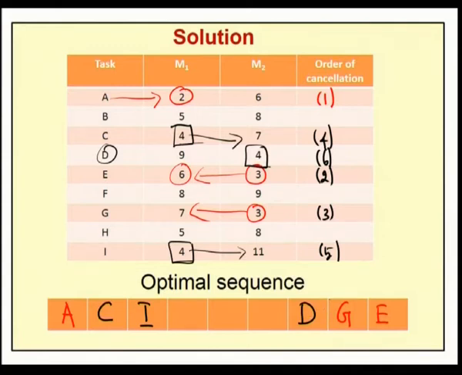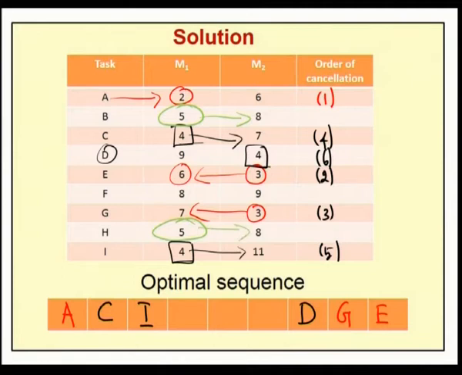So after selecting 4, the next smallest is 5, which occurs in 2 places, which occurs here and here, both under the machine 1. Since there is a tie, to select among this B and H, we look into the corresponding processing time under machine 2, which is 8, and here which is 8.